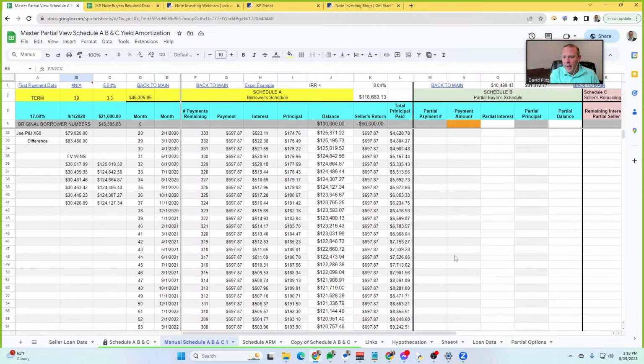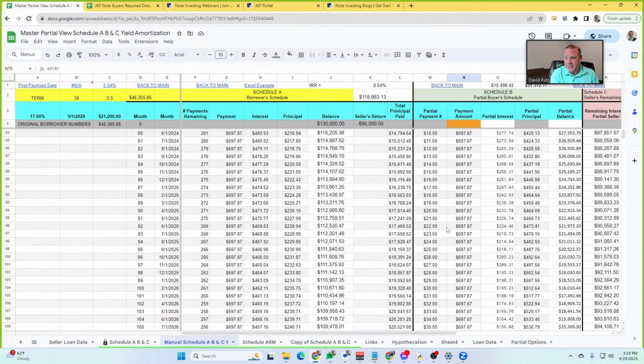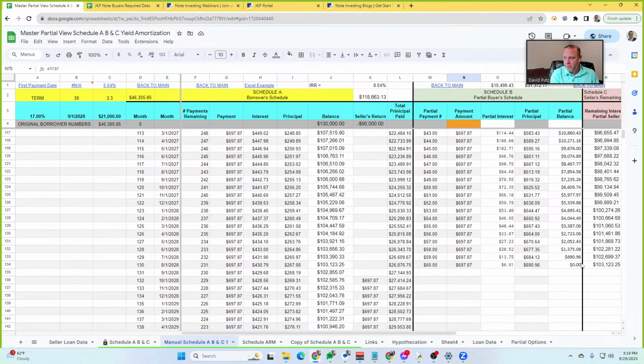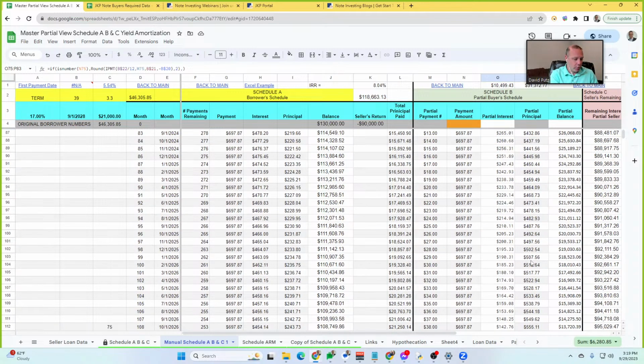The buyer of that partial will start receiving his payment at the time the agreement is made. I'm going to sell it to Bob on 10/1, and that payment is going to be received by Bob for a period of 60 months. During that whole time, he's receiving 697.87, and his amortization schedule will continue just like a borrower's.